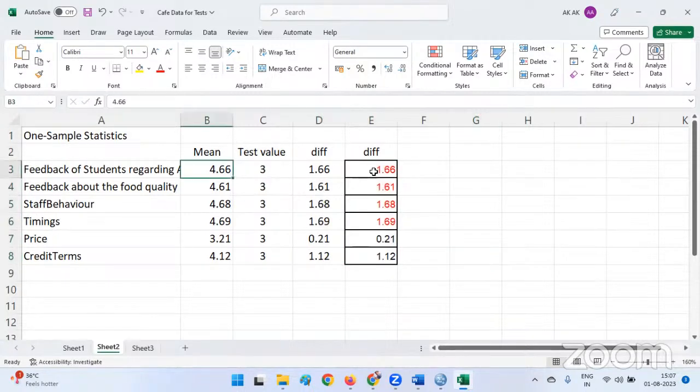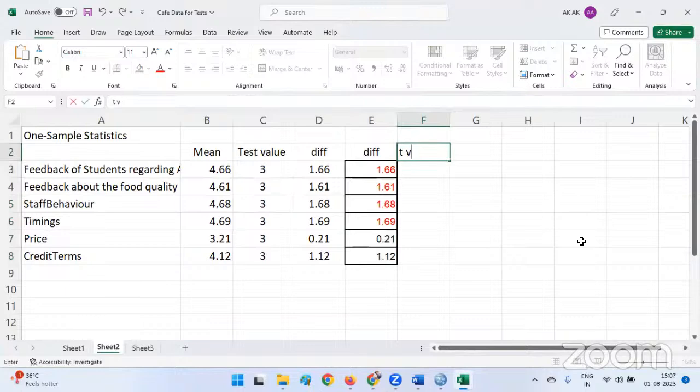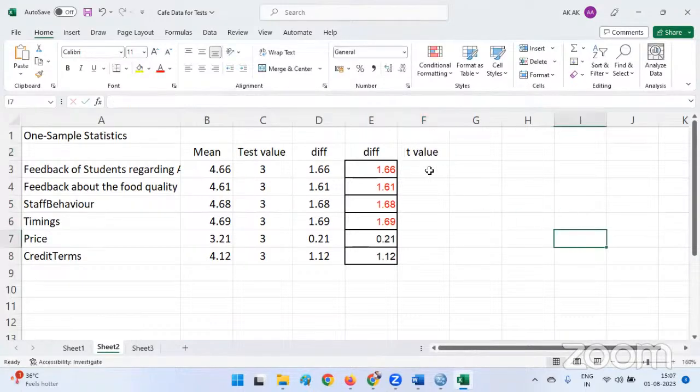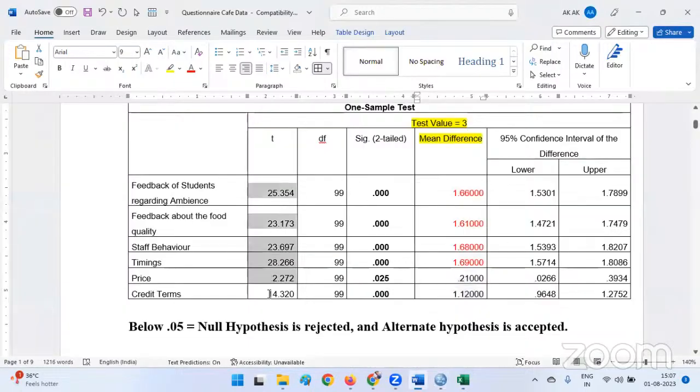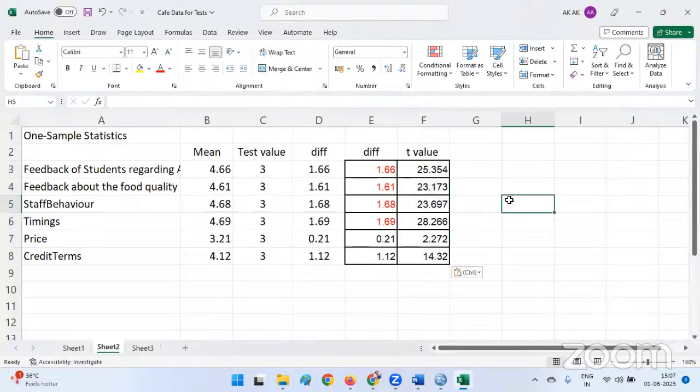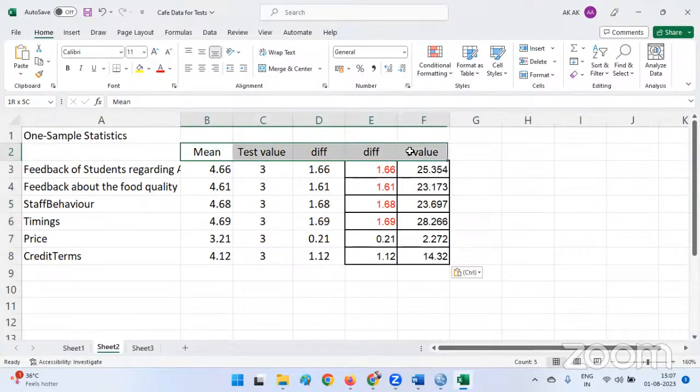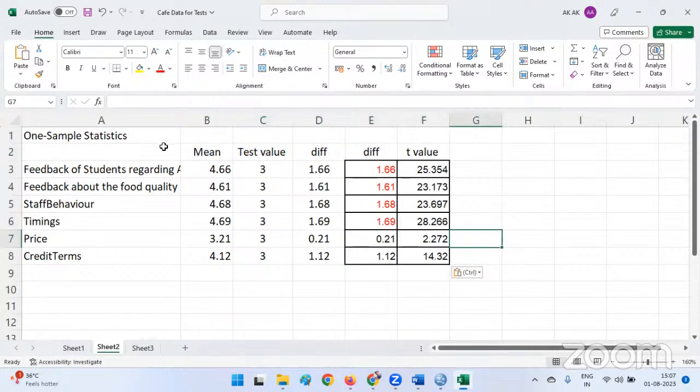This shows that, and similarly, if we compare the t value also, which is the calculated value of t, this t value is higher when the difference is high. T value is high when the difference is high. Clear?